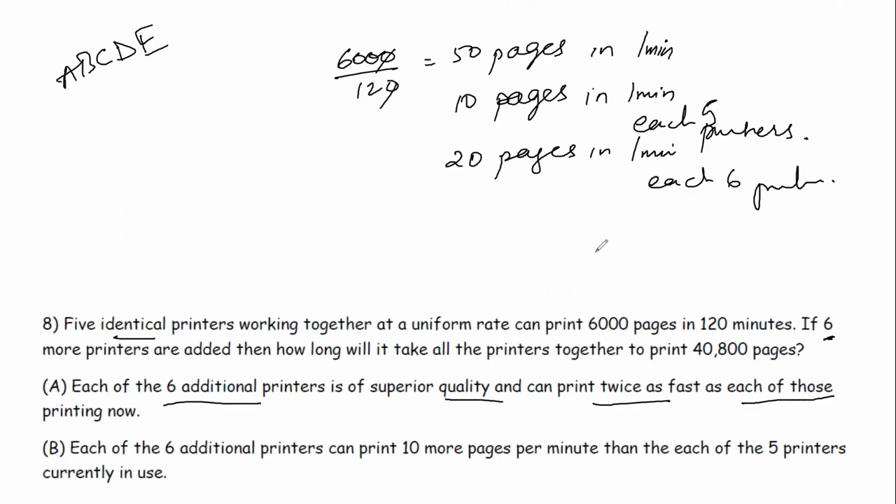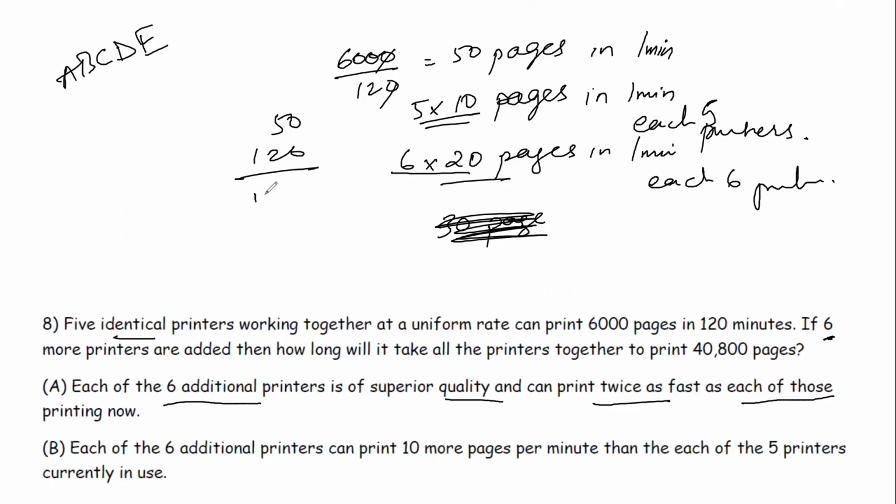So now together they'll take how long to print 40,800 pages? First we have to multiply 10 with the 5 and 20 with the 6. So 50 pages and 120. So together 170 pages in 1 minute. Correct?